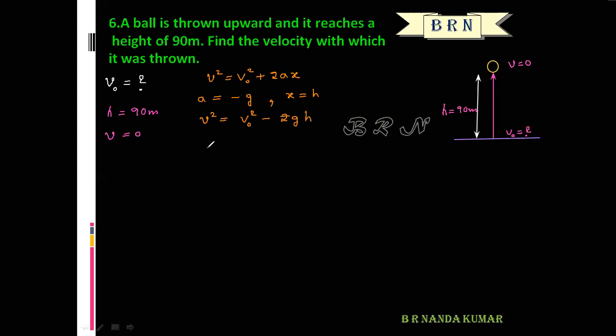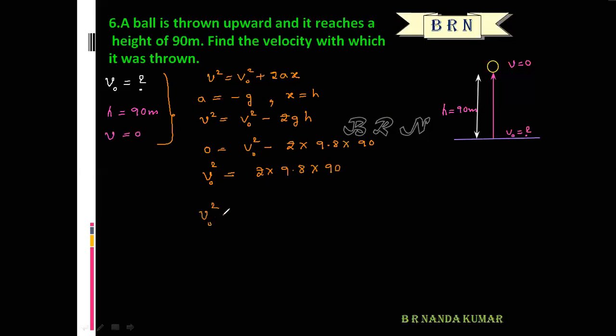So V squared is 0, right? V value is 0. 0 is equal to V naught squared minus 2, G is 9.8, H value is 90. So V naught squared is equal to 2 into 9.8 into 90.